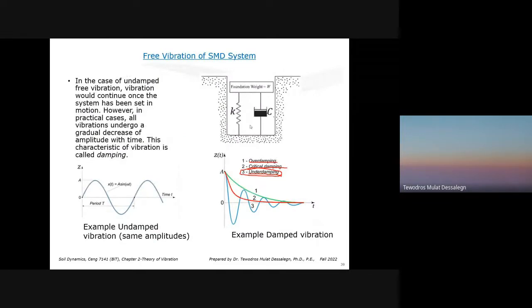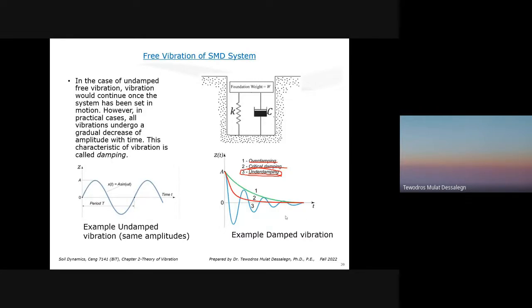In the most complex system, with free vibration of a spring, damper, and mass system, we can have three kinds: overdamping case, critically damping case, and underdamping case. The most natural case for our geotechnical properties is the blue one, the underdamping case. The other ones you'll find especially in fluid dynamics and hydraulic systems, where the damping is much larger.